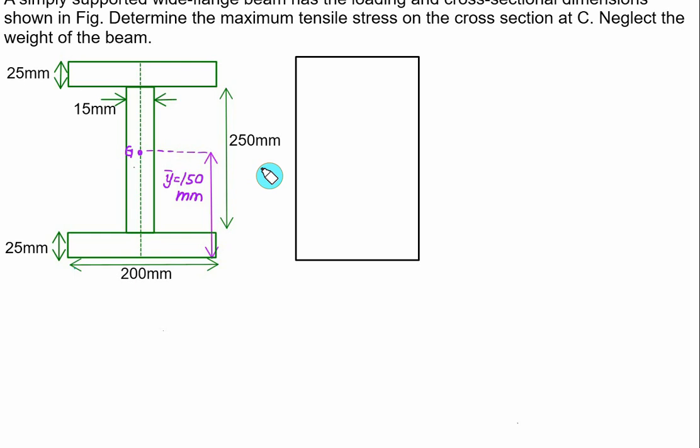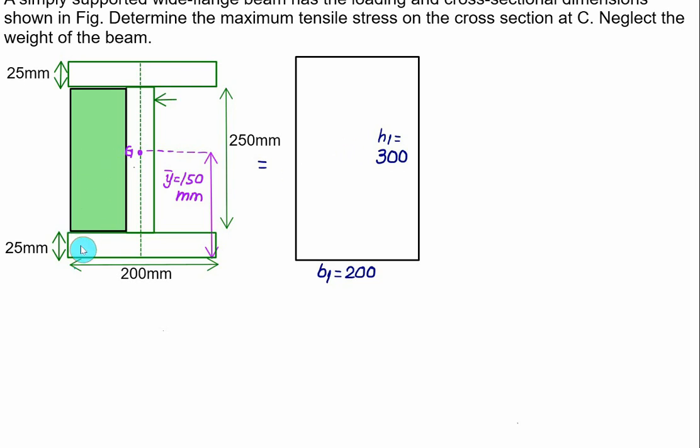So this given figure consists of this largest possible rectangle whose width B1 is equal to 200 mm, and H1 is equal to 250 plus 25 plus 25, that is 300. From this entire rectangle you have to subtract this rectangle. Now check what this rectangle is. This is 200 minus 15, that is 185, 185 divided by 2. So this rectangle you have to subtract from the given figure.